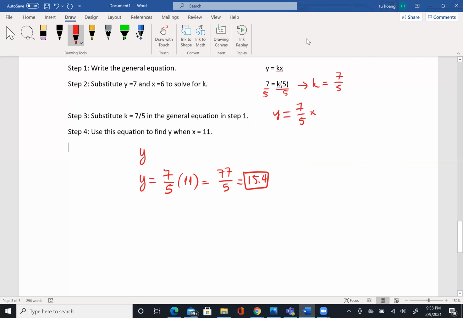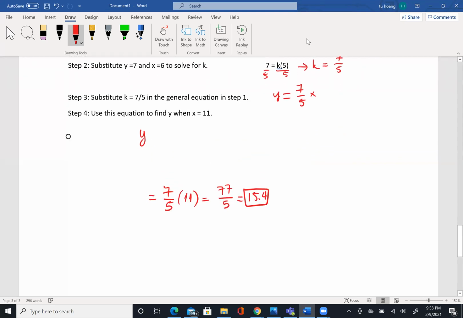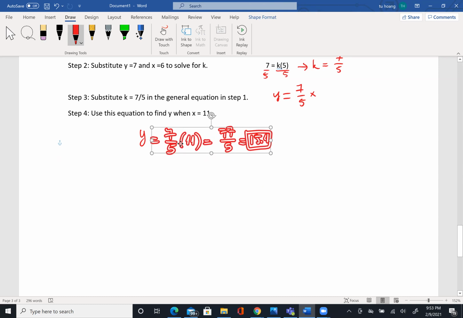Okay, now let's have another example, example 4.